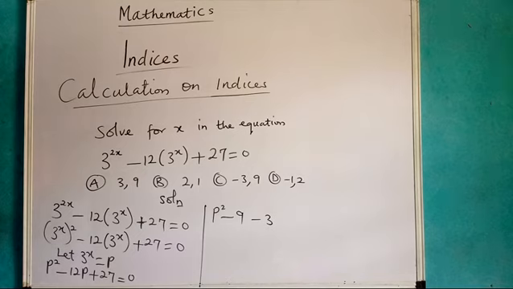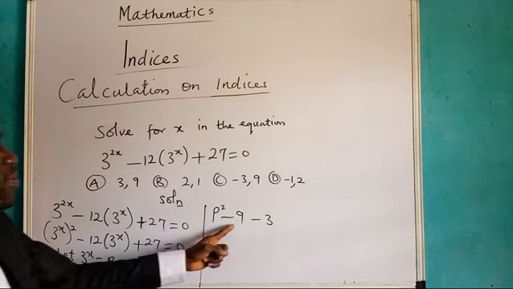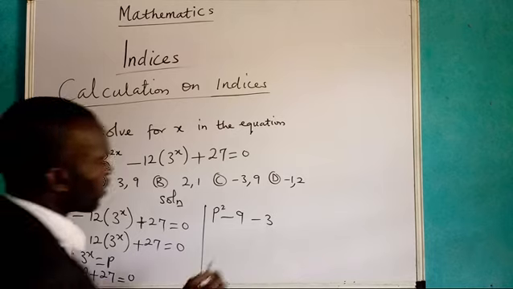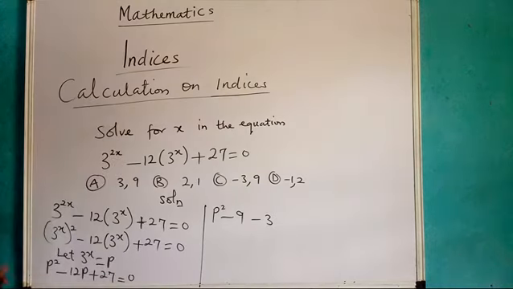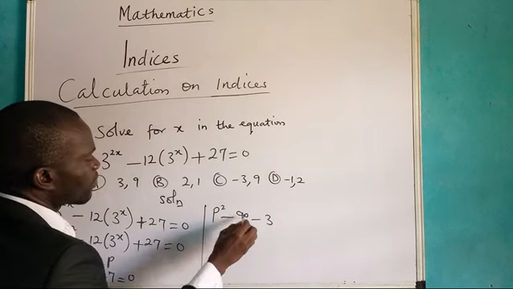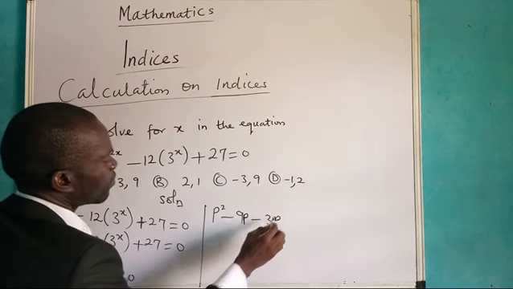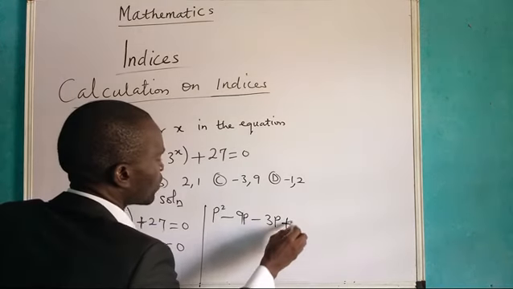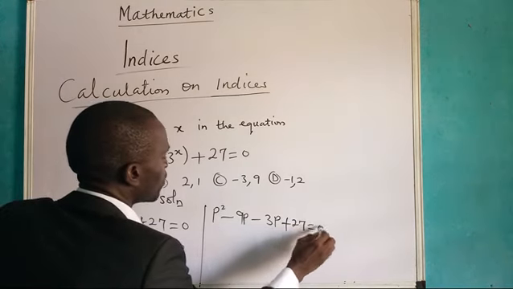They give me the coefficient of p, minus 12, and minus 9 times minus 3 gives plus 27. Since we are dealing with p, it becomes minus 9p and minus 3p. Remember, we still have plus 27 equals 0.